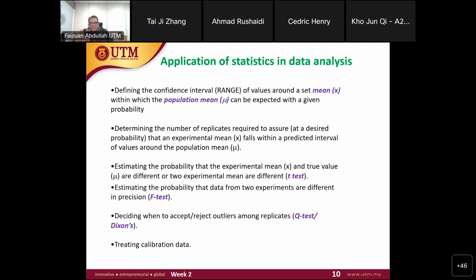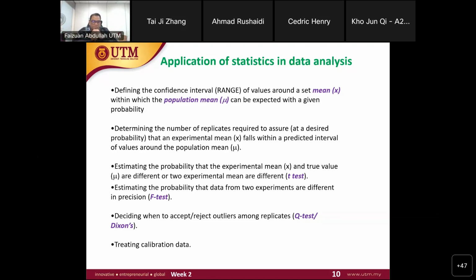Remember these three tests. If we have a known value of a sample and then we do a test, then we estimate the probability that the experimental mean and the true value are different, or two experimental means are different, then we have to choose the t-test. If you want to estimate the probability that the data of two experiments are different in precision, we have two sets of data from different experiments, and we want to measure whether both experiments differ in precision, then we do the F-test.